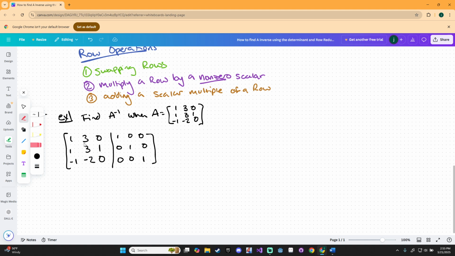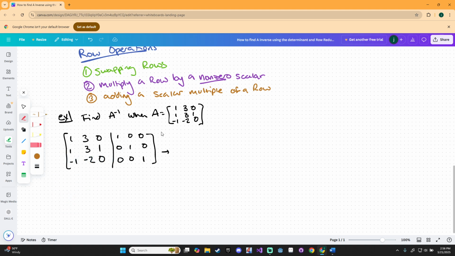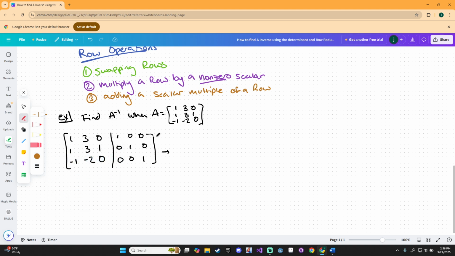The first way that I always like to start off is you want to make these two numbers here 0. So we can start off by using our addition. We'll do R2 plus negative R1.